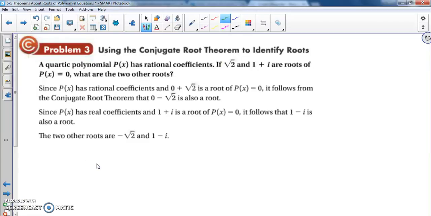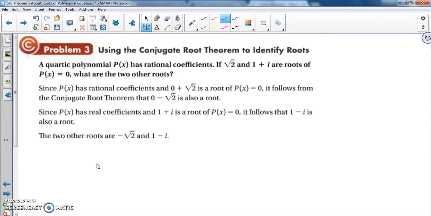A quartic polynomial p of x has rational coefficients. If the square root of 2 and 1 plus i are roots of p of x equals 0, what are the other two roots? Since p of x has rational coefficients and 0 plus the square root of 2 is a root of p of x equals 0, following the conjugate root theorem, 0 minus the square root of 2 is also a root.